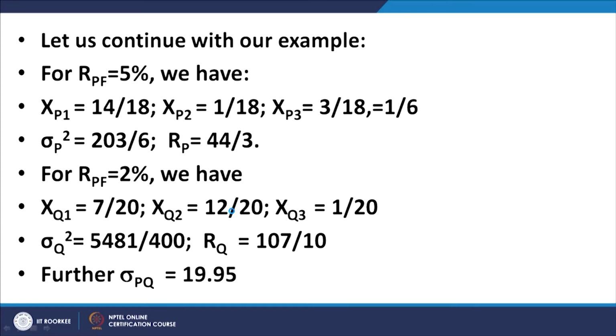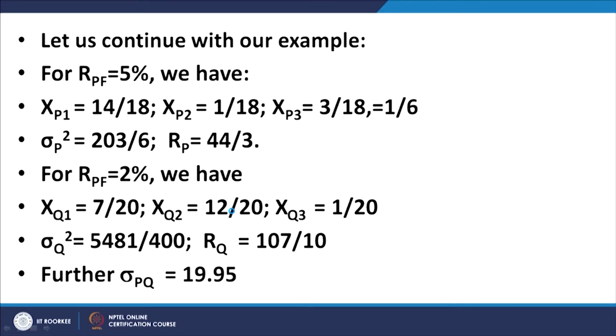Xp1 is equal to 14 by 18, Xp2 is equal to 1 by 18, Xp3 is equal to 1 by 6. Sigma p square is equal to 203 by 6, Rp is equal to 44 by 3. For Rf is equal to 2%, we get Xq1 is equal to 7 by 20, Xq2 is equal to 12 by 20, Xq3 is equal to 1 by 20.